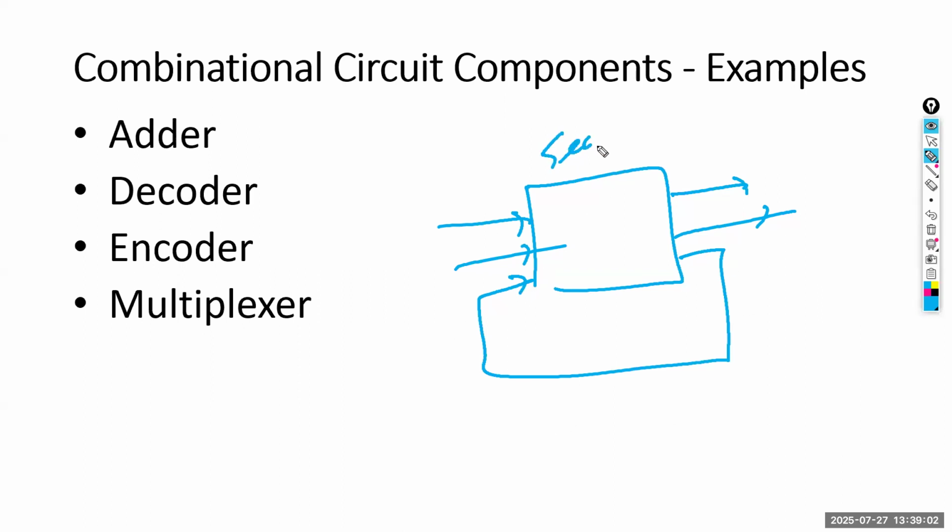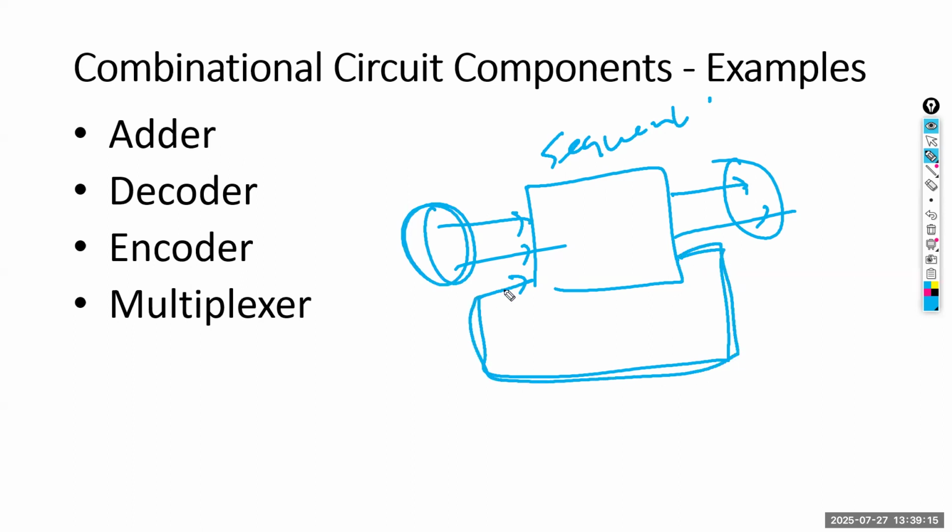This is called a sequential component, or circuit. So your current output depends not only on the current input, but on the previous output also. These are harder to understand. Sequential components are very difficult to understand unless you are very serious.